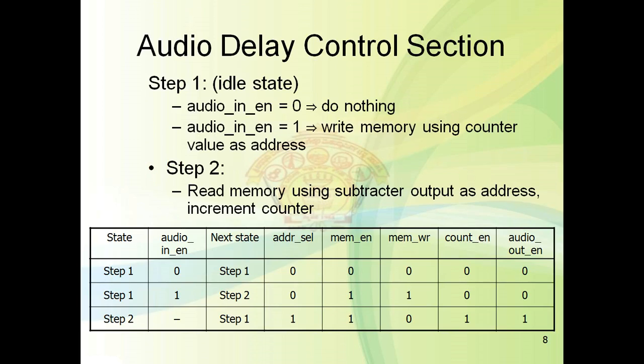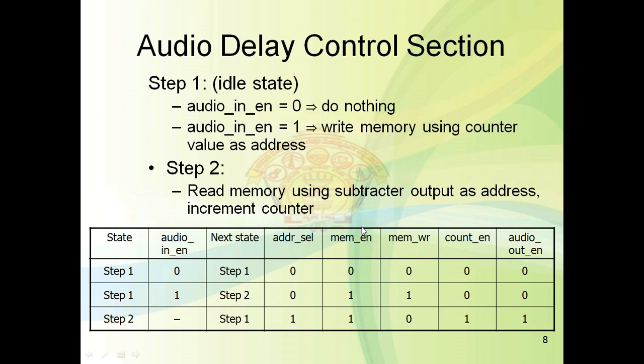Audio in enable is the input, and according to that we are going to move. So address select, memory enable, memory write, counter enable, audio out enable. These are the control signals that the control section has to generate.